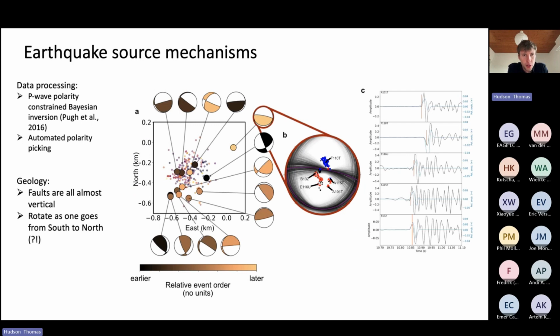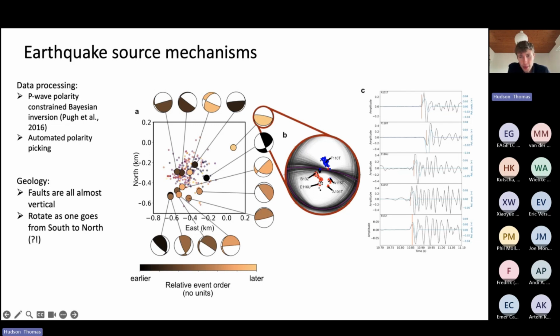So what we can do is look at these earthquake source mechanisms. I'll briefly mention what I did to derive these technically, because that might be of interest to some people. These are P-wave polarity constrained source mechanisms, constrained using automated polarity picks. When we use so many nodal sensors, it becomes very quickly impractical to manually pick these arrivals and their polarity. We found that the automated polarity picking worked really well for this quite high signal to noise ratio data.